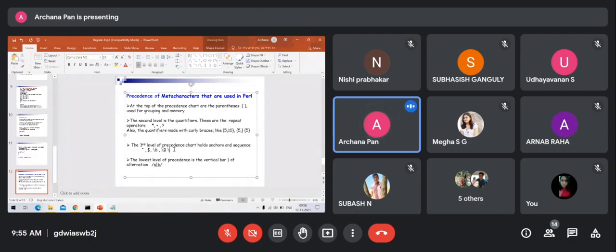If it is small w, it will match a word character; if you give capital W, it is not a word character. Similarly, b is the word boundary. These are the different pattern anchors. The last one is the alternation, like A or B, C or D.